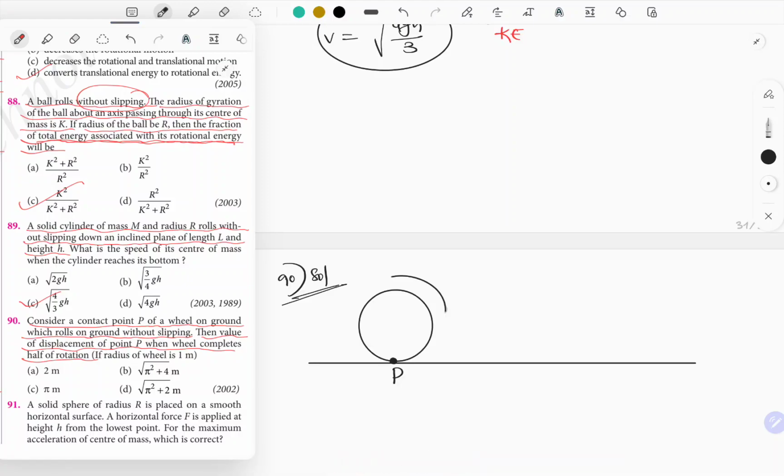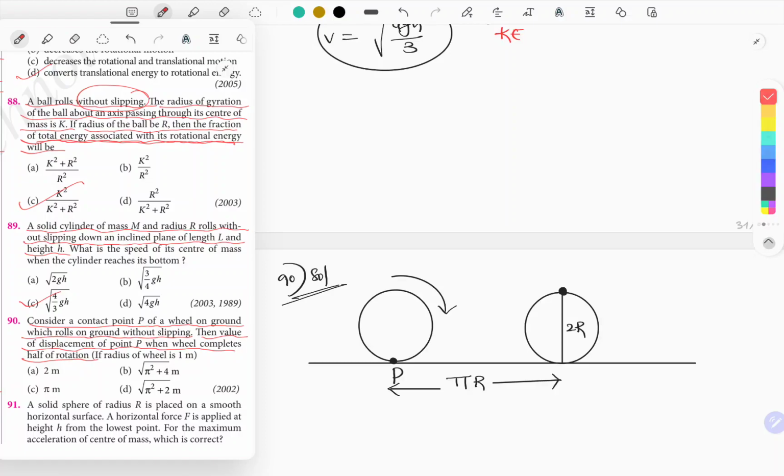It is rotating, so after half rotation, this point P is going to be at the top. As the wheel completes half rotation along the horizontal, it covers a distance equal to half of the circumference of the circle, which is pi r. The vertical distance is 2r, the diameter.